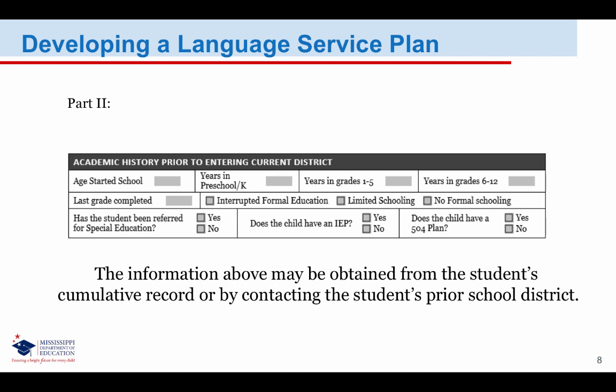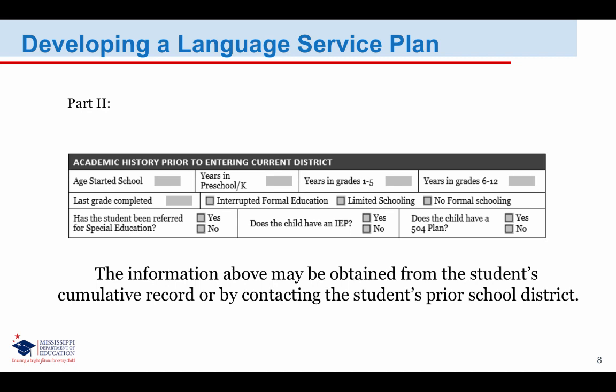The next section of the plan is the academic history of the EL student. This part may require you to put on your PI hat and do a little investigating. You will start with the age the student began school. Years in preschool or kindergarten, years in 1st through 5th grades, and 6th through 12th grades, and the last grade the student completed.